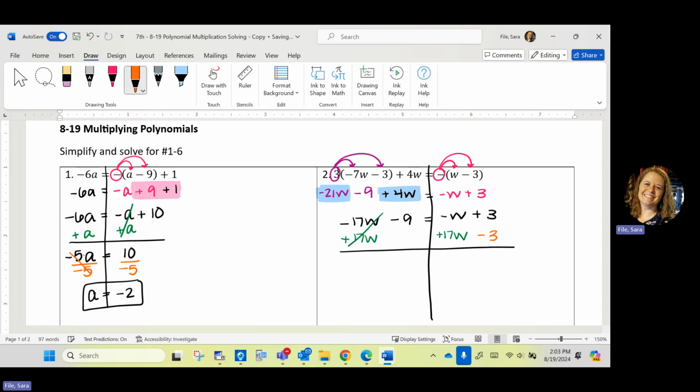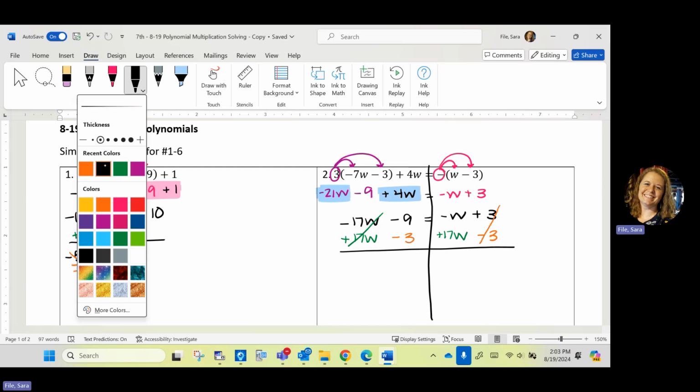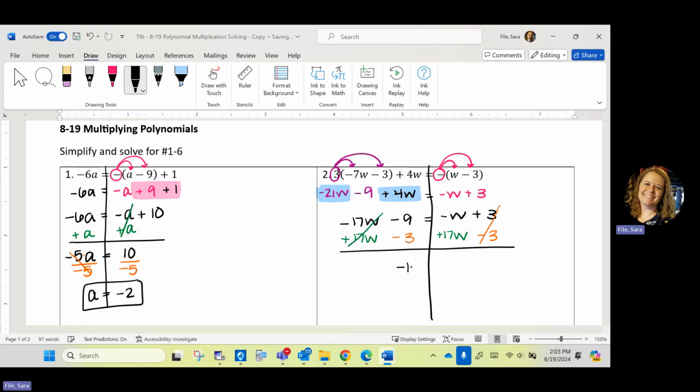So this 3 needs to be moved over here by subtraction to eliminate it from the right. So that is going to leave me -9 minus 3 is -12. And -W plus 16W, or excuse me, plus 17 is 16W.